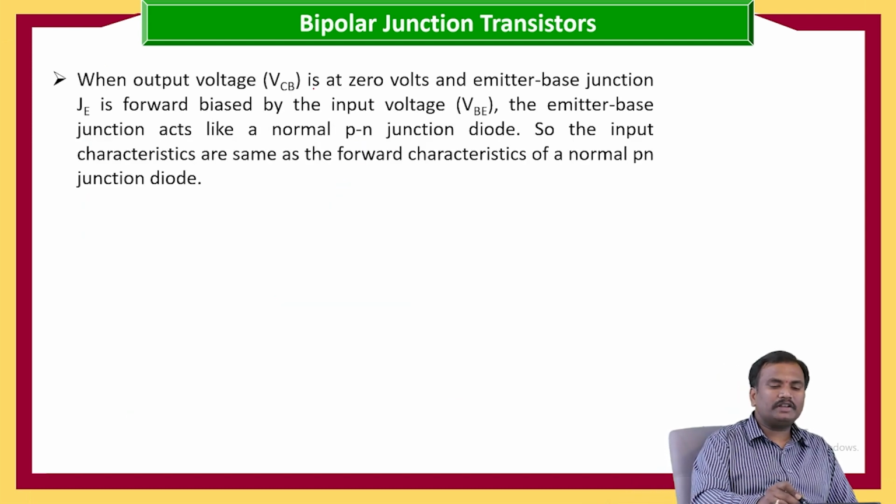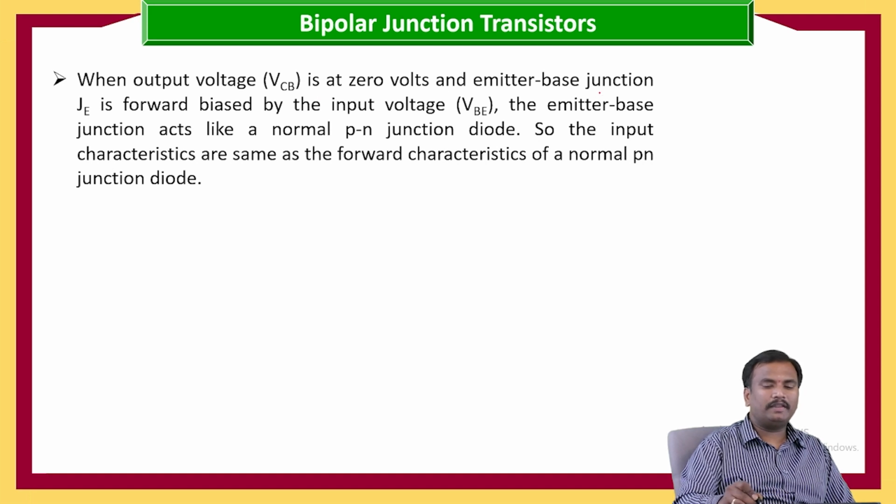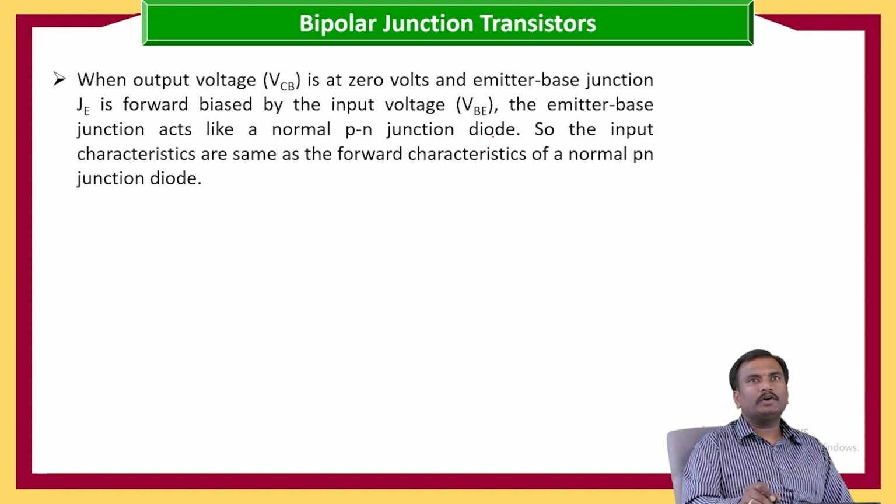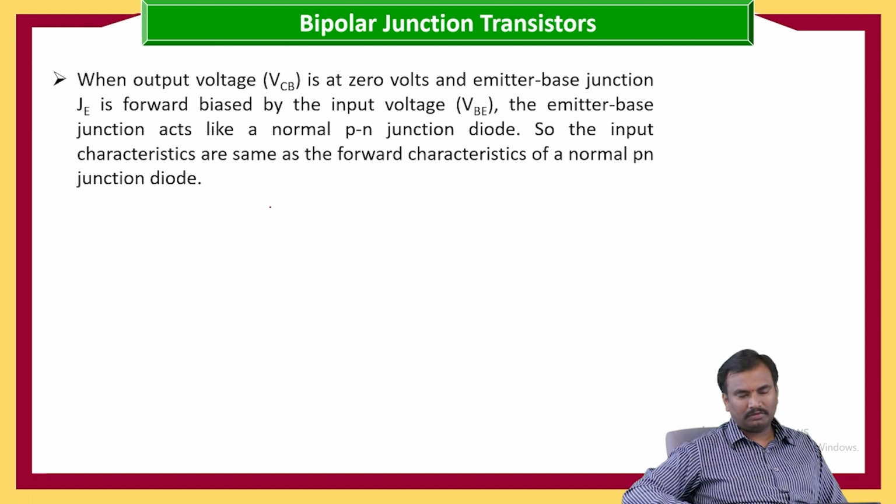Here when the output voltage is at 0 volts and the emitter base junction is forward biased by the input voltage, the emitter base junction acts like a normal PN junction diode. So the input characteristics are the same as the forward characteristics of a normal PN junction diode.